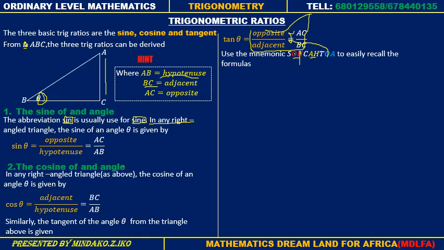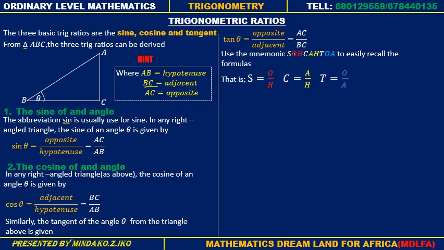Let me just clean the slide. So the mnemonic SOHCAHTOA is very useful. You have to know it. That is the only way you can easily memorize all these formulas. Let's continue. Let me keep the SOHCAHTOA for the simpler way.